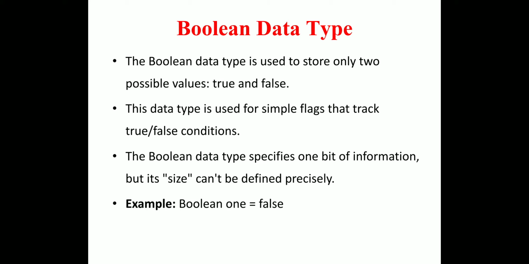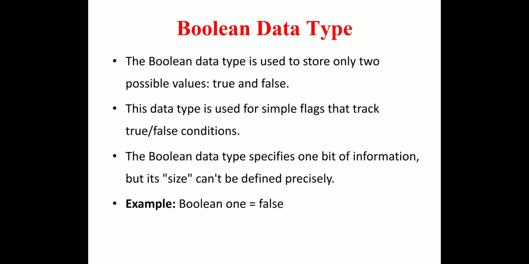And Boolean data type is denoted by the keyword boolean. And also it suggests a logical value to be stored using only one bit of storage. And the Boolean data type's size can't be defined precisely.